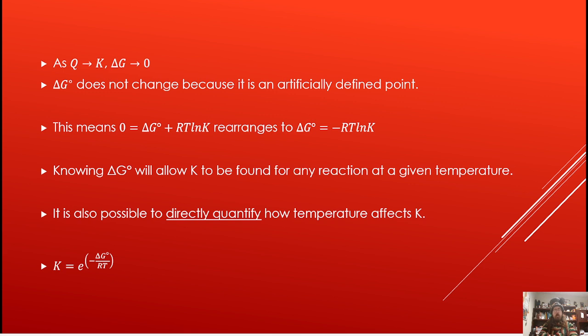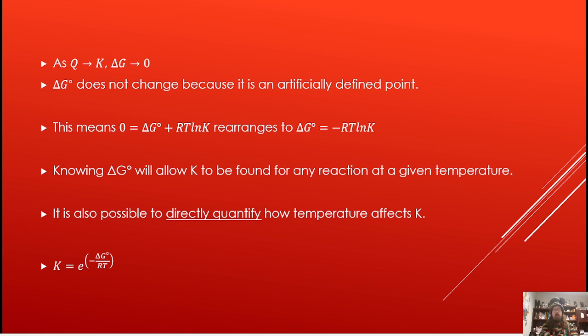So what we can do is that when Gibbs non-standard is 0, we are at equilibrium. So we can look at delta G standard plus RT ln K, so that Q has become K. This sum must equal 0.